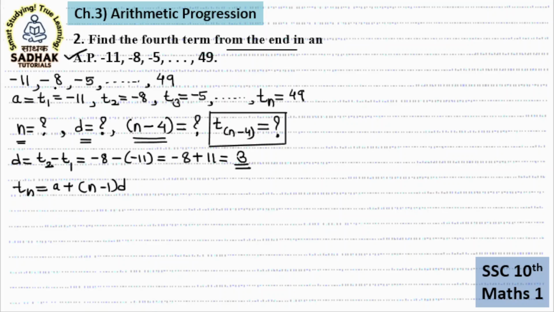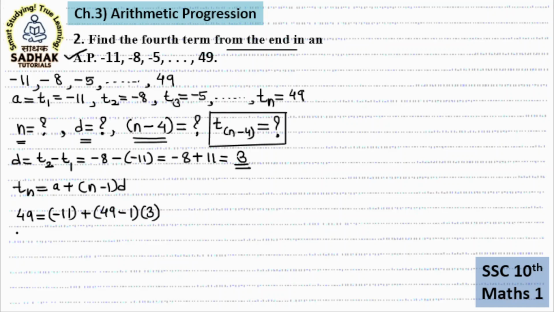Let us say Tn is equal to 49. A is minus 11, let me put it into bracket. Then n is 49 minus 1, and d we just found is 3.